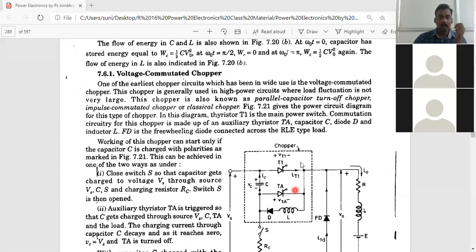Where a reverse voltage is applied across the device, that commutation is considered to be voltage commutation. And when a reverse current is provided across the conducting device, it is considered to be current commutation.